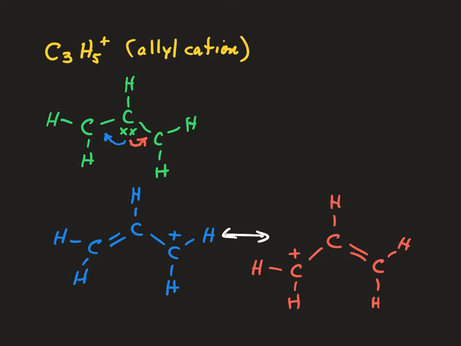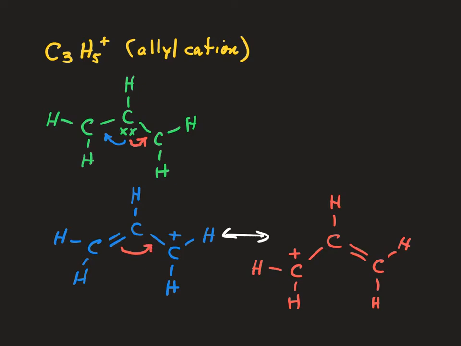Now, one of the things we can do is show the interconversion of these two resonance structures, again, by showing electron movement. So to go from left to right, the electrons in the pi bond could shift over there.